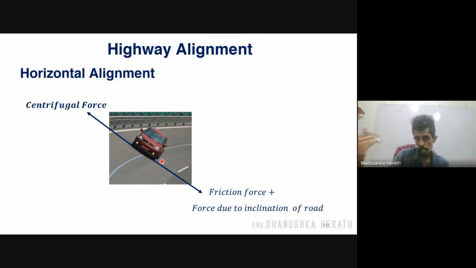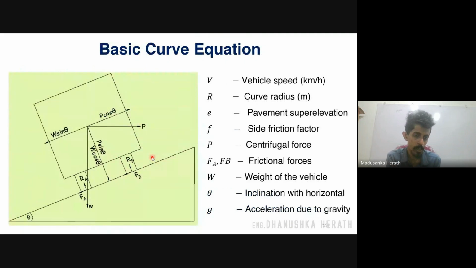Then to counter that effect, we have the friction force and the force due to the inclination of the road. The balance of these two forces will keep the vehicle on the road. First we have to consider the basic curve equation.